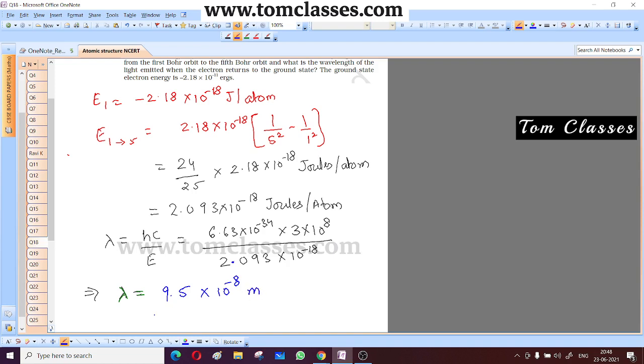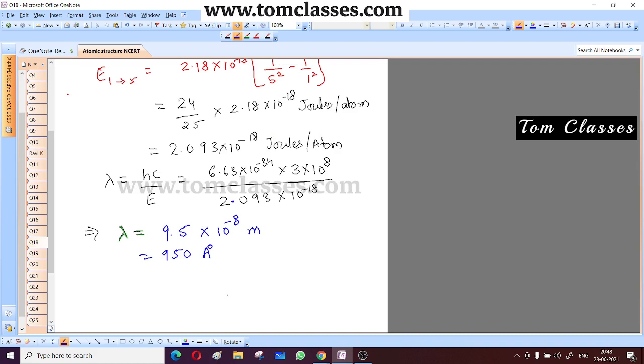So you can say this is 950 into 10 to power minus 10, which is in angstrom. It is beyond the visual range, smaller than the visible range. 950 angstrom is the wavelength, way smaller than the visible range, right?